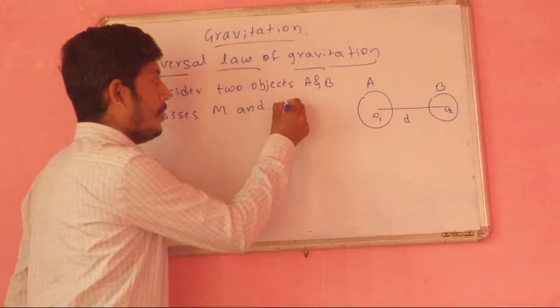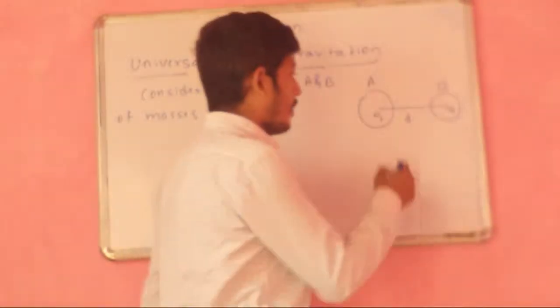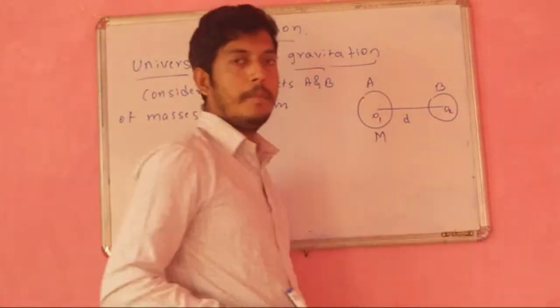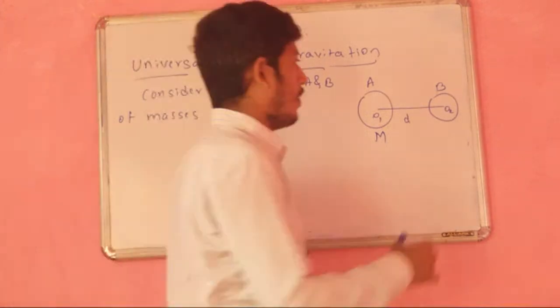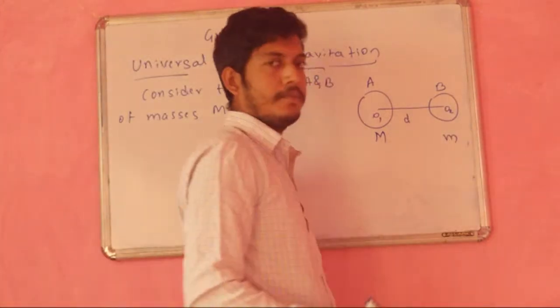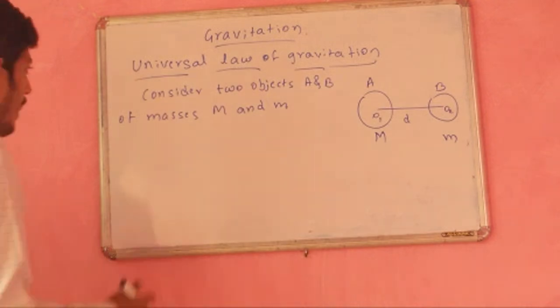One is capital M, another one is small m. So here A is the bigger object, so for that I will consider capital M as the mass, and object B is the smaller object, so for that I will consider small m as the mass.